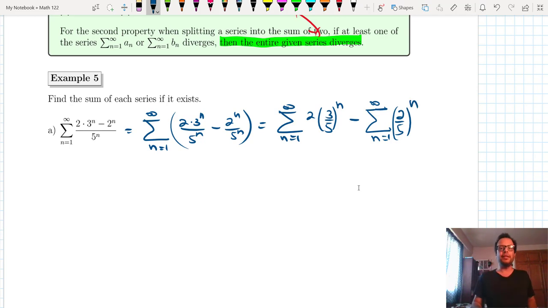Okay, so in this case, observe that these two infinite series do not begin at n equals 0, so we need to subtract 1 and add 1 over here. Subtract 1, add 1 here.